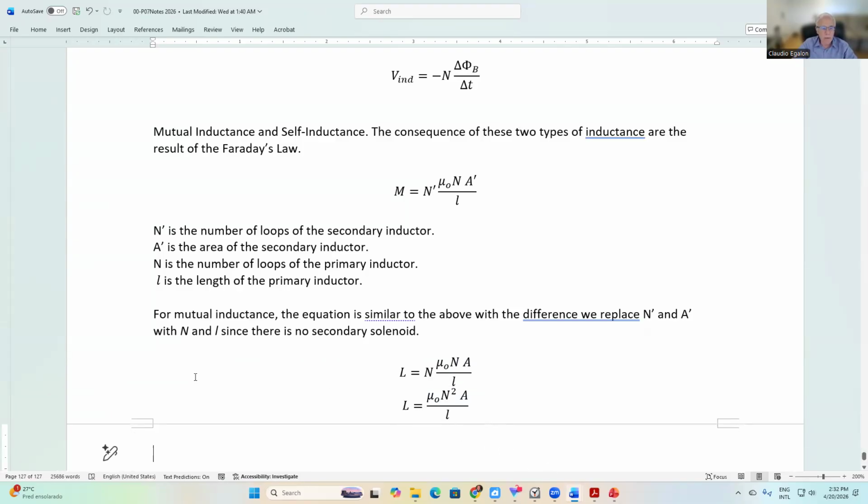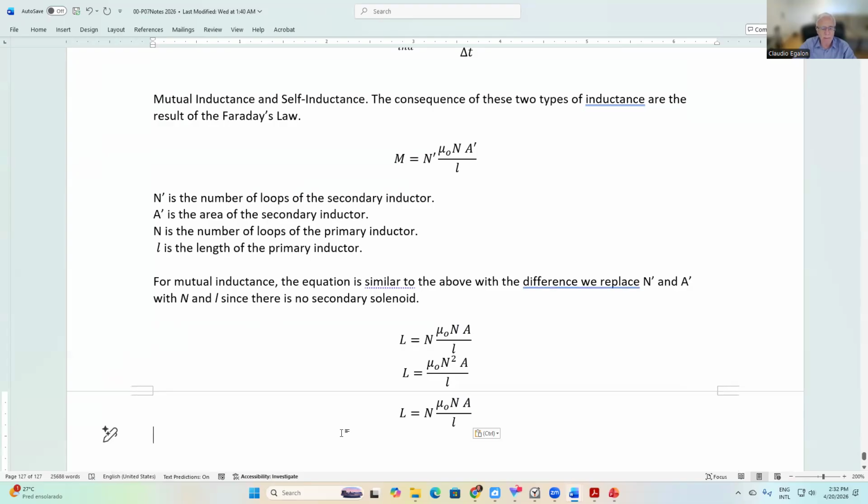But this equation can also be represented in a different way. Most books prefer a lowercase n to represent N divided by l, the length. That's the linear density of turns.